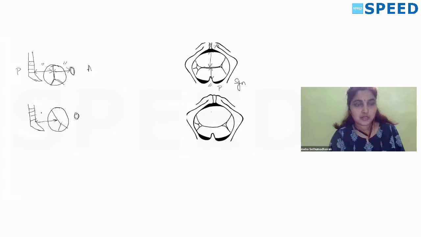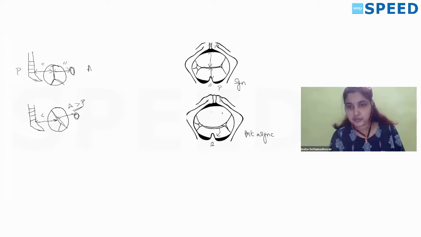Okay, so this distance is less, whereas this is more. The anterior distance is more compared to the posterior distance. In which case, if you can see, the sagittal suture is more towards the sacrum when compared to the pubic bone, and this is called anterior asynclitism.